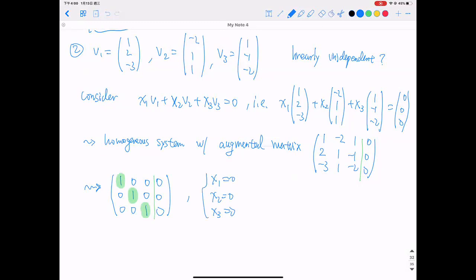So it has only the 0 solution. And what does that mean? That means there's only one linear combination of the v's that's equal to the 0 vector, namely the one with coefficients being 0. So these vectors are linearly independent.